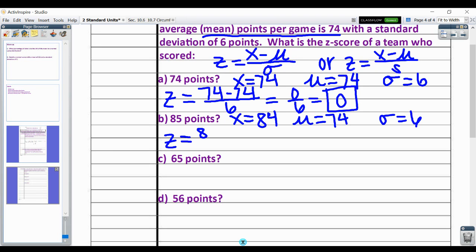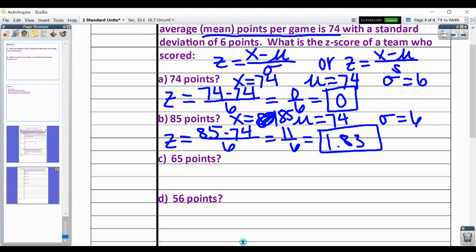So 85 minus 74 divided by 6, which simplifies to 11 divided by 6, which will get you a value of 1.83, which means that a team that scored 85 points scored 1.83 standard deviations above the mean.